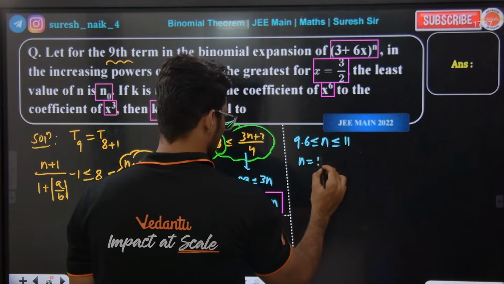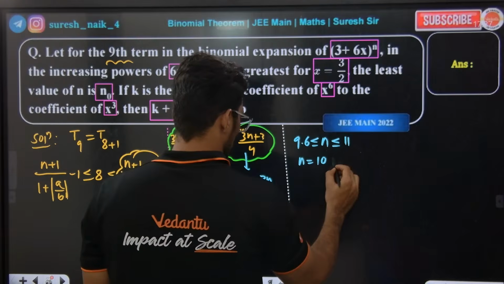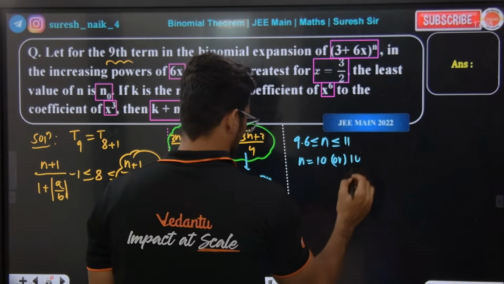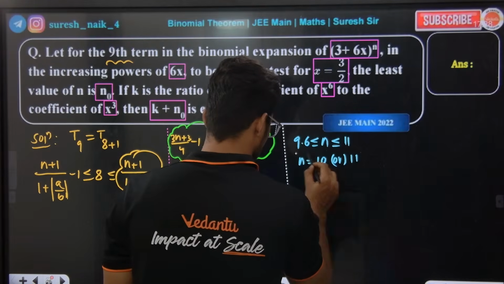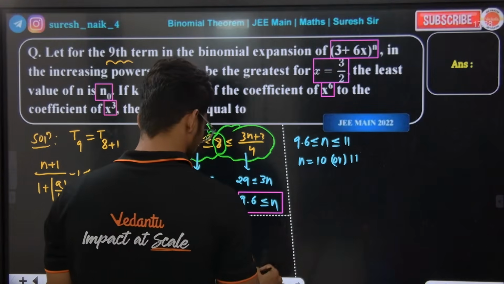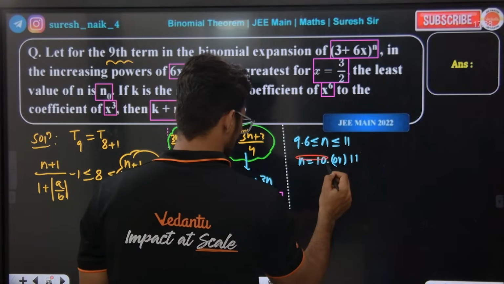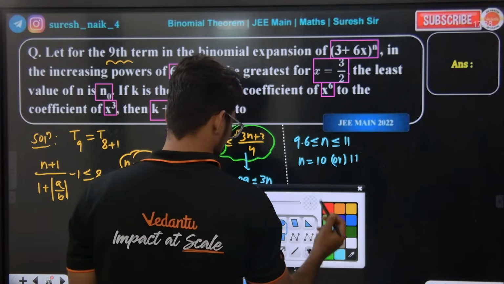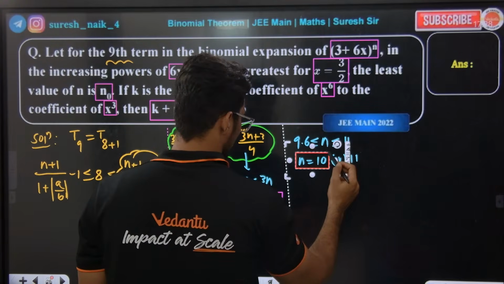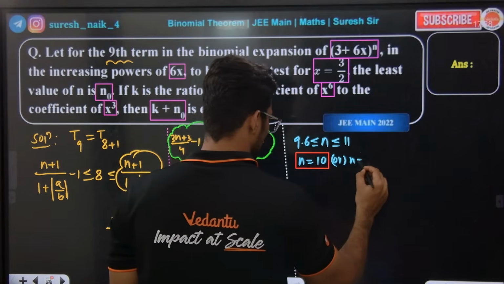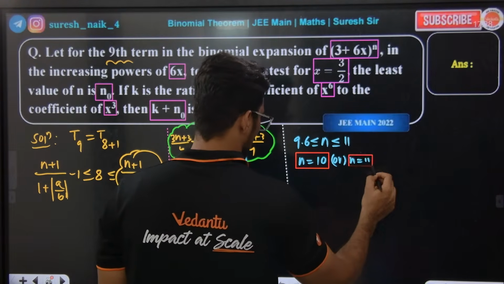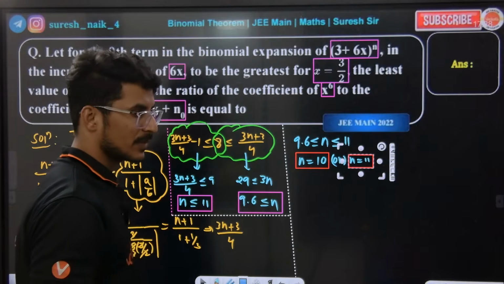N should be either 10 or 11. Puridada, 10 or 11. So if n value is 10, what happens? If n value is 11, what happens? N value 10 or 11.